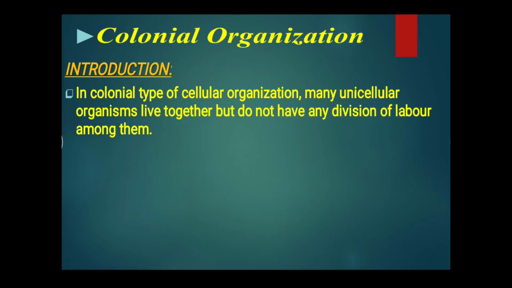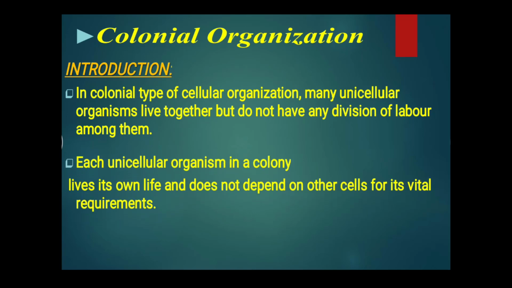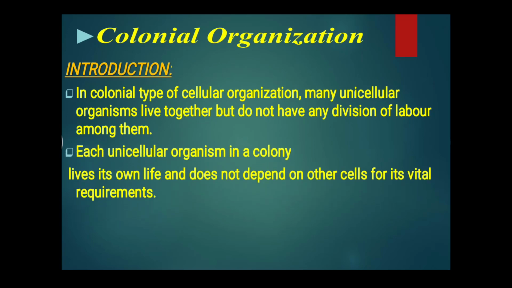In colonial cell organization, many unicellular organisms live together but do not have any division of labor among them. Each unicellular organism in a colony lives its own life and does not depend on other cells for its vital requirements. It means in colonial organization, every individual is responsible for its own activities.